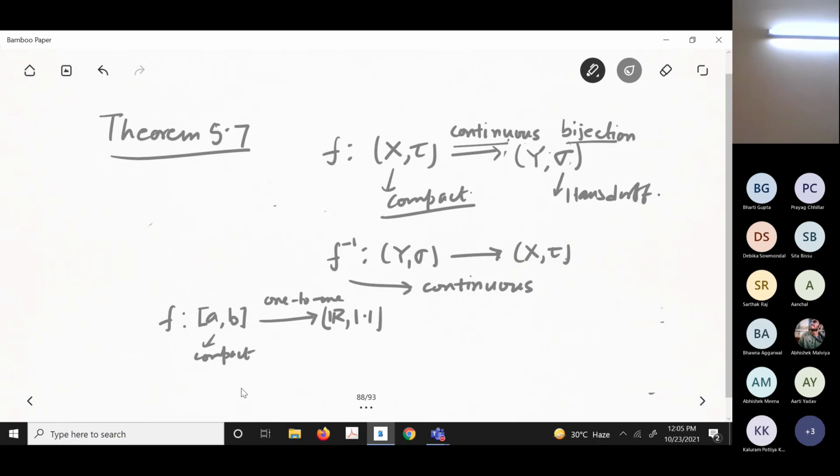It will go to its image. If you use Heine-Borel theorem, f of [a,b] is compact. So by what I did last time, this is compact in R, and because it is a metric space, it is closed and bounded.